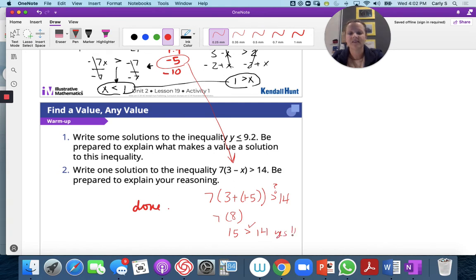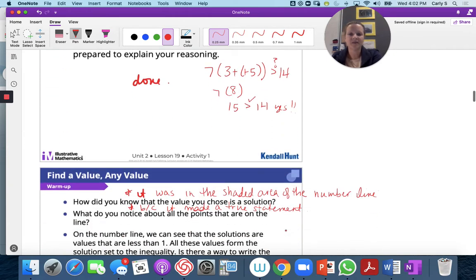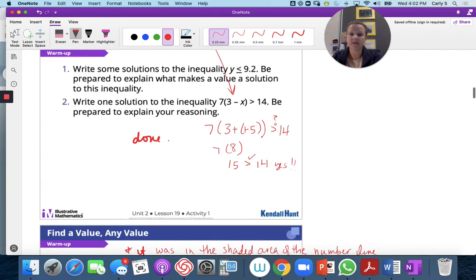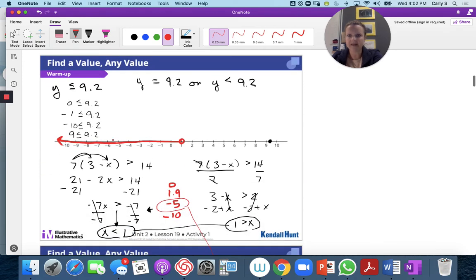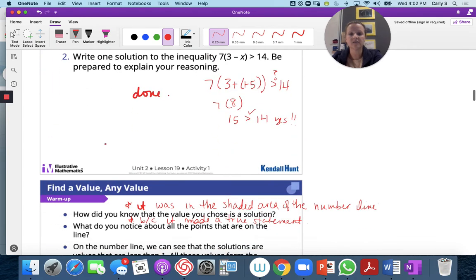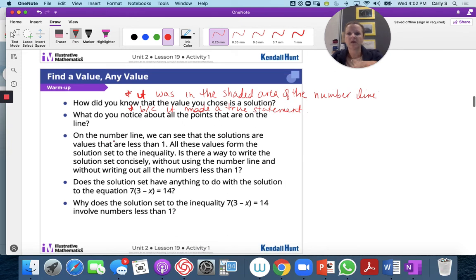Yes, it is. So it's a solution to the inequality. Any number in the shaded area of that number line, which is right here in red, is a solution. What do you notice about all the points that are on the line?